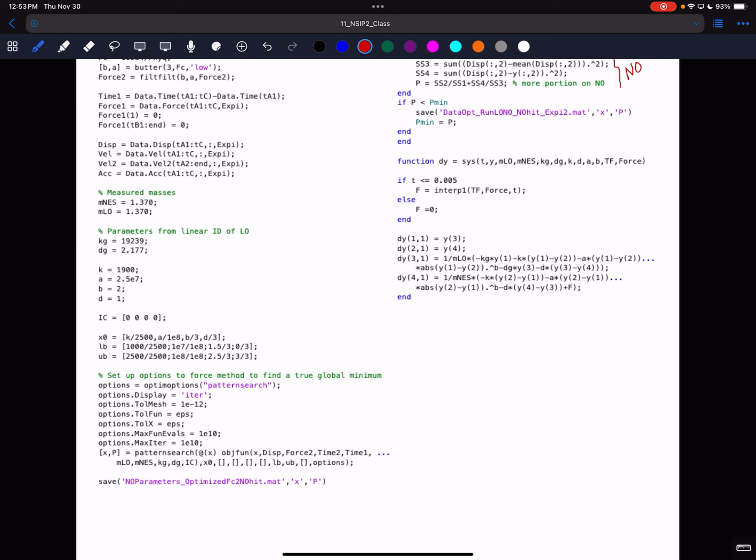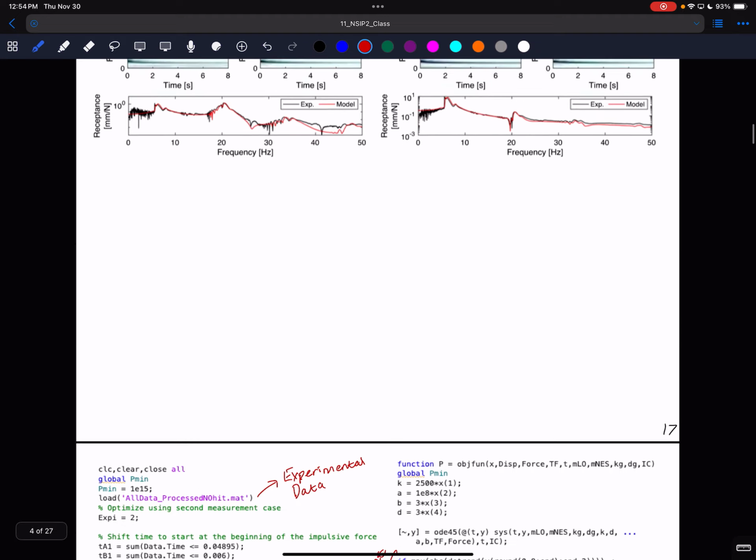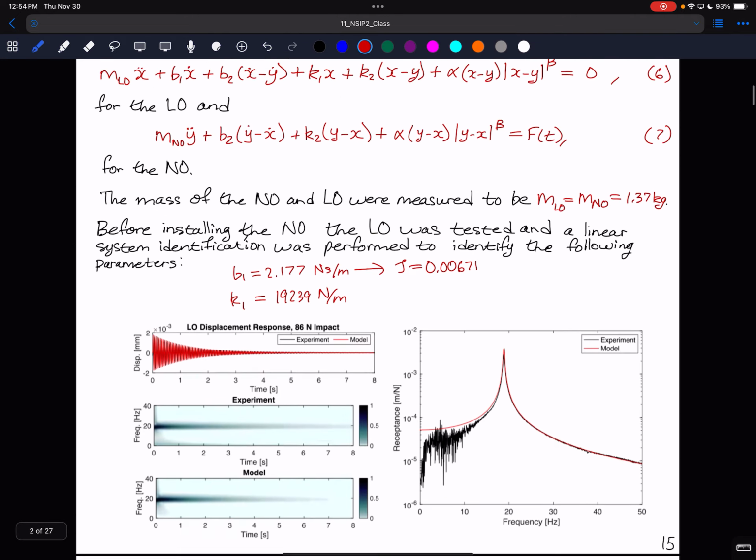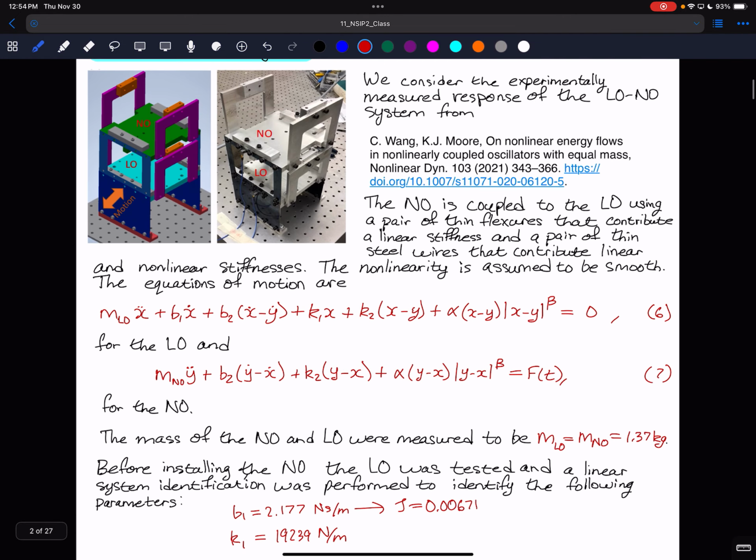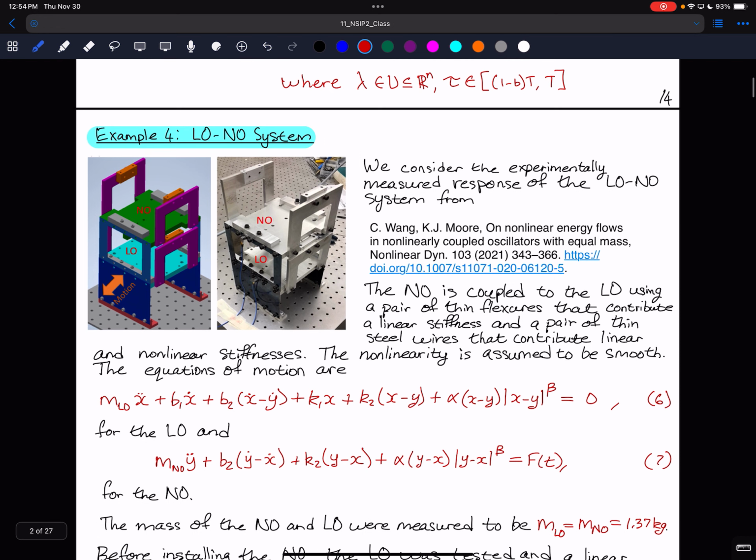So you said you modeled the connections between the NO and the LO as just rigid connections, correct? No, they're modeled with the polynomial stiffness nonlinearity. Well, I mean, you didn't model any stiffness or damping at the bolted joint, right? So, yeah, we modeled this system as follows.